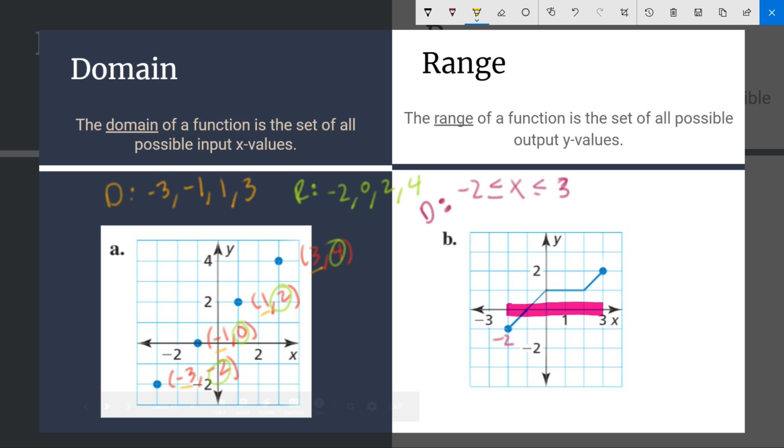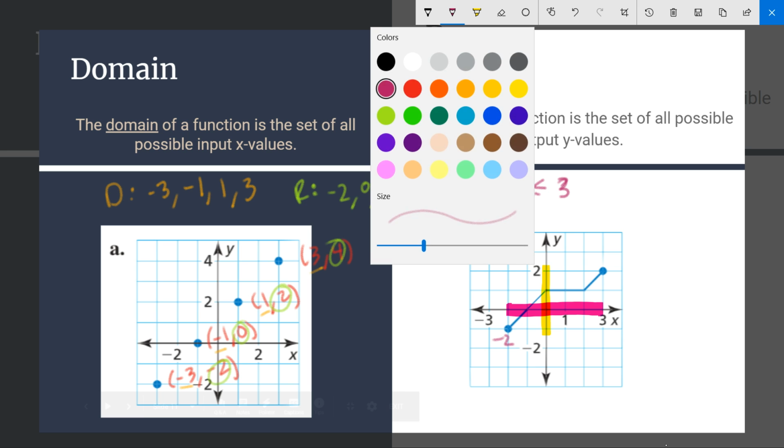So if I look down here, this is the lowest place that the function is drawn at -1 on the y-axis, and the highest it's drawn is up to here at 2 on the y-axis. So we need an inequality to talk about all of these values between -1 up until 2.